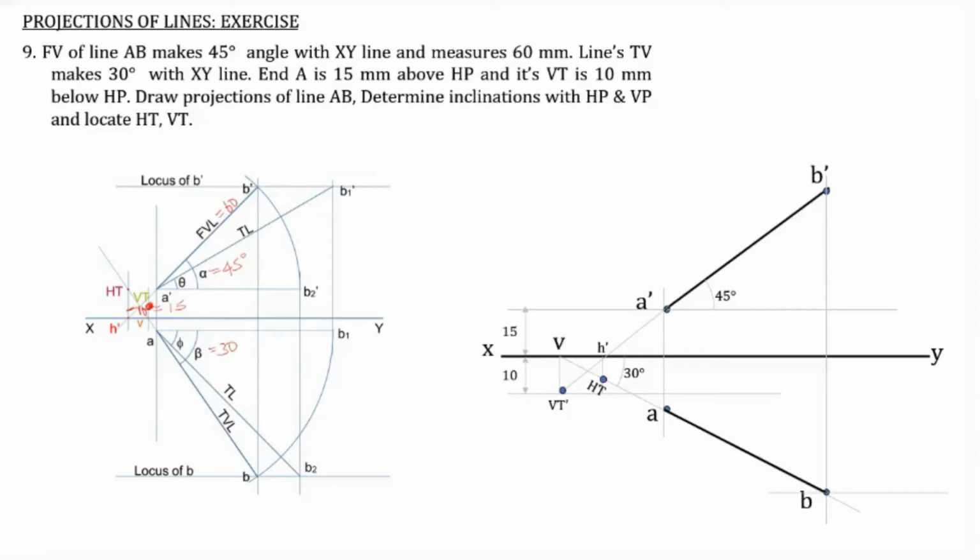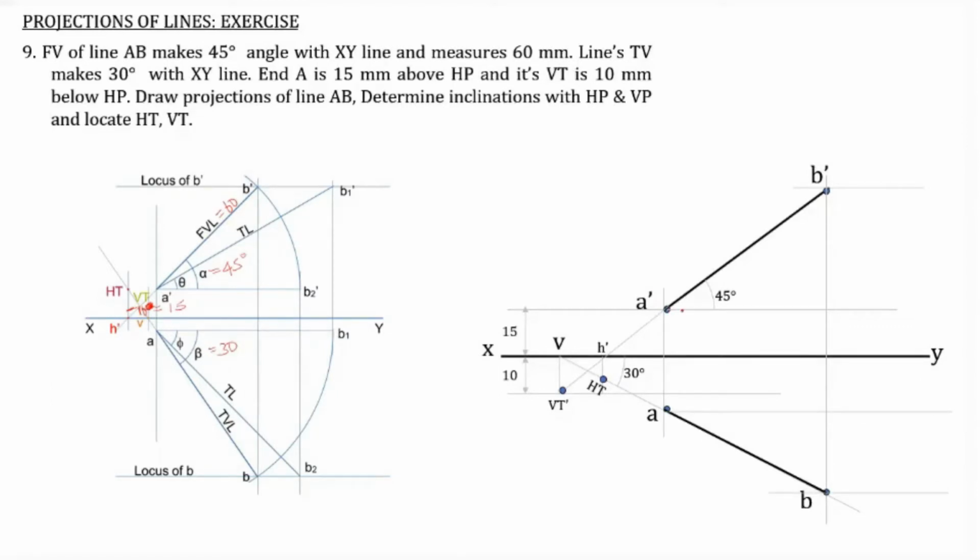Now we find out the locus of B and the locus of B dash. Here is the locus of B, and here is the locus of B dash. Both the lines are drawn, and then the locus of A is drawn. Locus of A dash is already there.